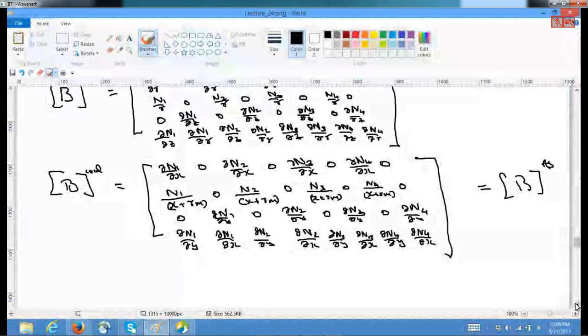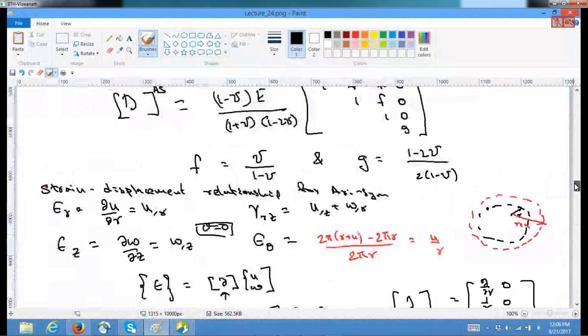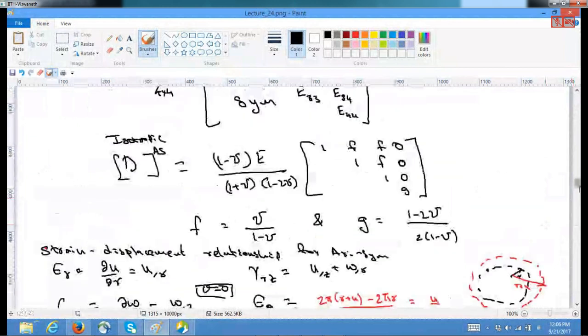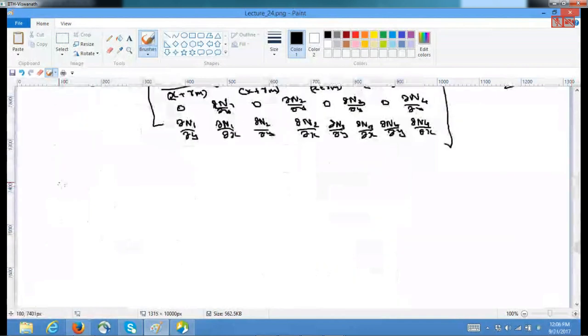Now we have B, and we have our D matrix for the axisymmetric case. So we are ready to compute our K matrix. Let me write it, our K matrix.